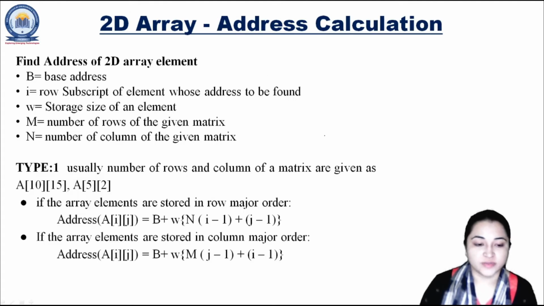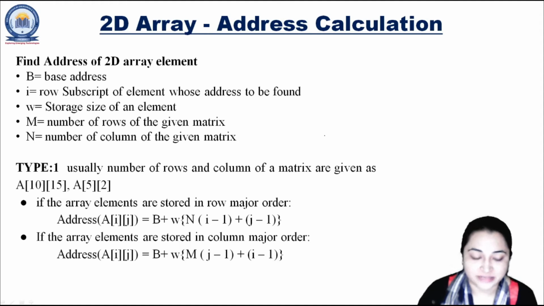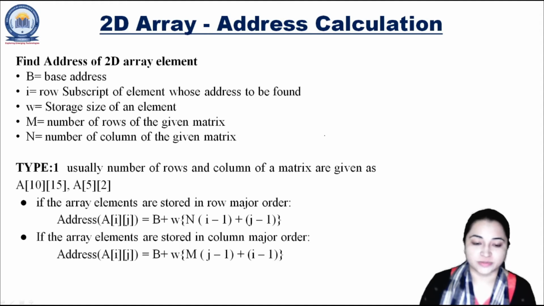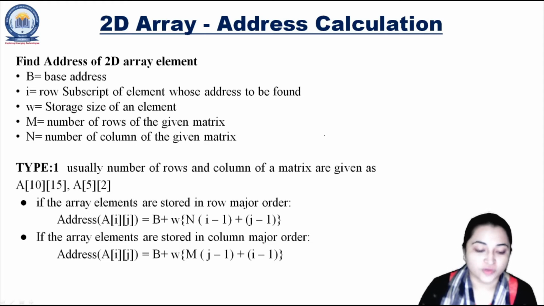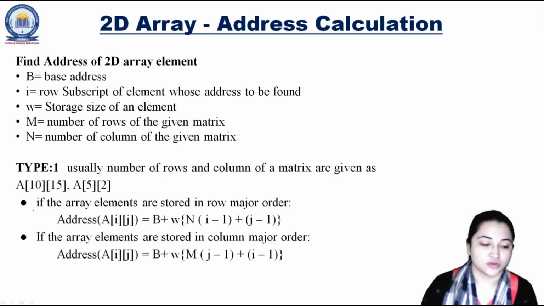Now we will see how we can calculate the address of a 2D array's element. There are two types of examples which are asked in 2D array address calculation. The first type is the one in which usually the number of rows and columns of a matrix are given directly.